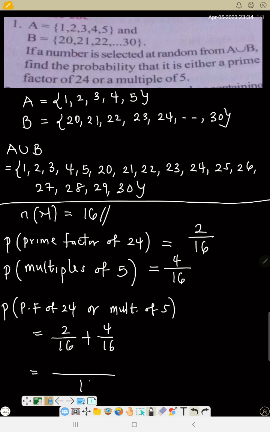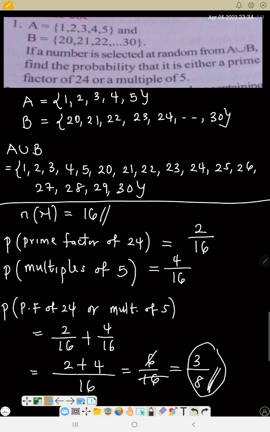So the LCM is 16. 16 into 16 is 1, so 2 times 1, 2. 16 into 16 again, 1, 1 times 4, 4. So 2 plus 4, 6 over 16. So you can reduce by 2: 3 over 8. So the answer is 3 over 8 for that question.